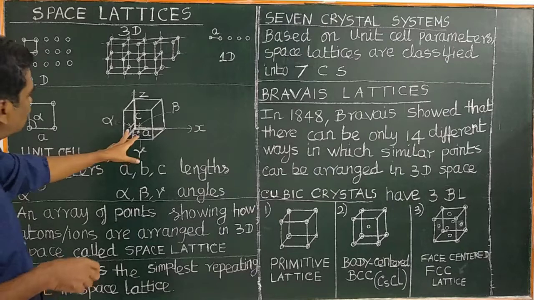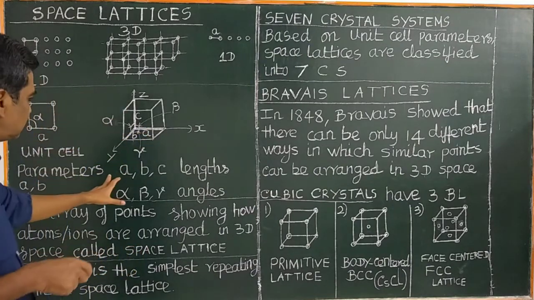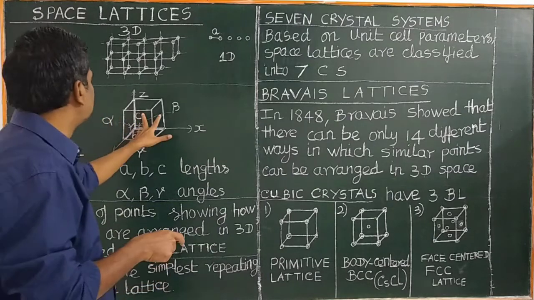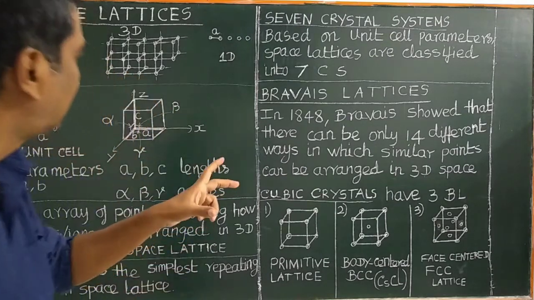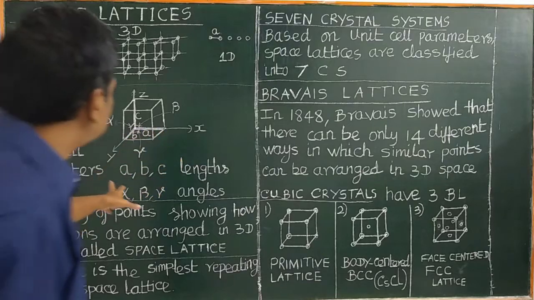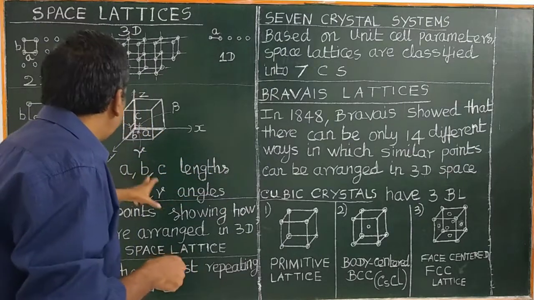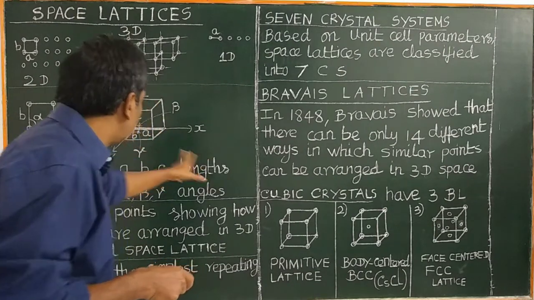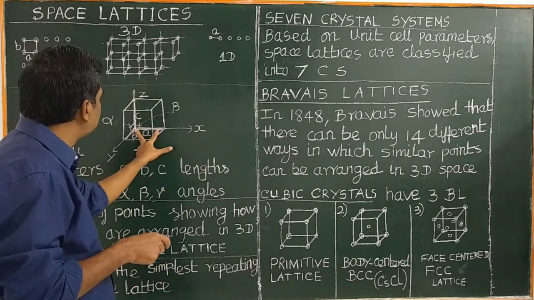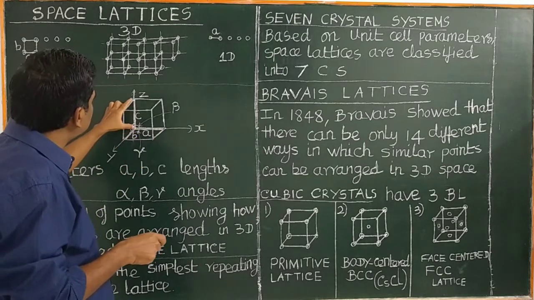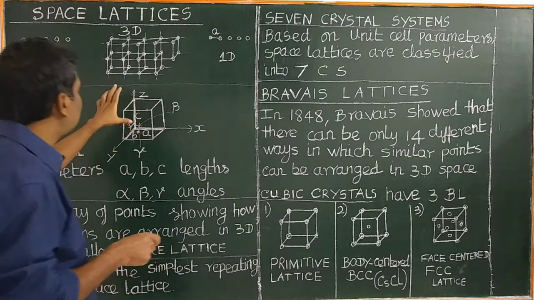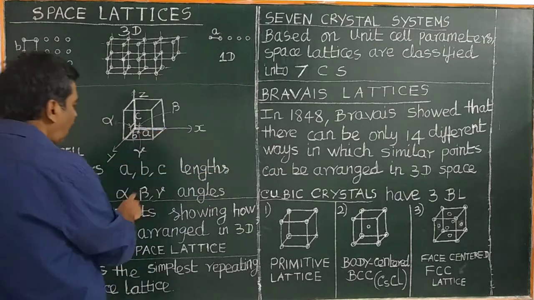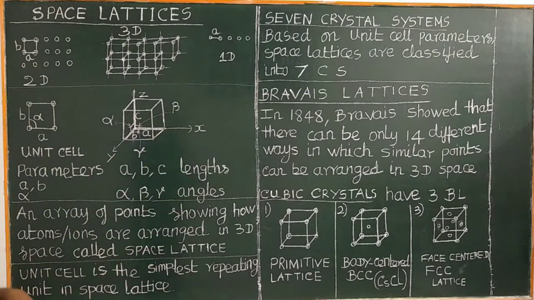This is the simplest repeating unit in three-dimensional space. There are 6 unit cell parameters needed to describe the unit cell. A, B, C are the unit cell lengths: for example, this length is A, this length is B, and this length is C, like length, breadth, and height. Alpha, beta, gamma are the angles.